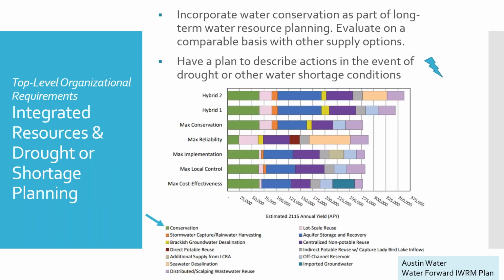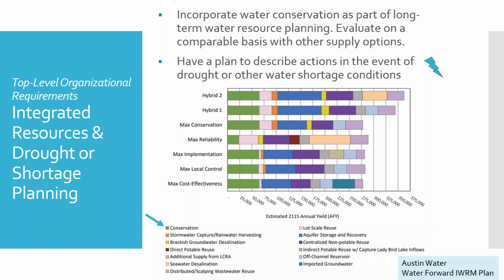If you go to the next slide, we also wanted to make sure that the utility is including conservation when it's developing a long-term supply plan, so that they're considering water made available through conservation as a source of supply. And you can see in the graphic at the bottom, which is from the Austin Integrated Water Management Plan, that they did include conservation when they were developing a set of scenarios to determine what kind of portfolio of water supplies they'd be looking for in the future.